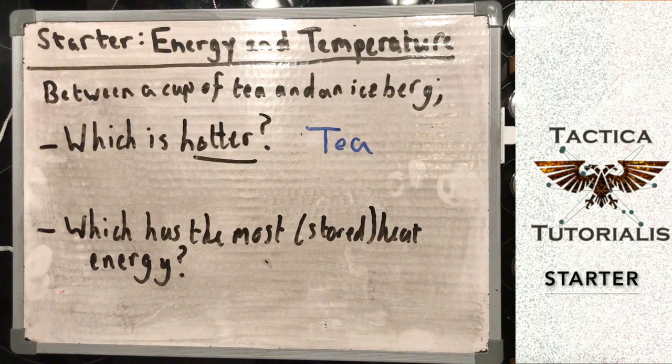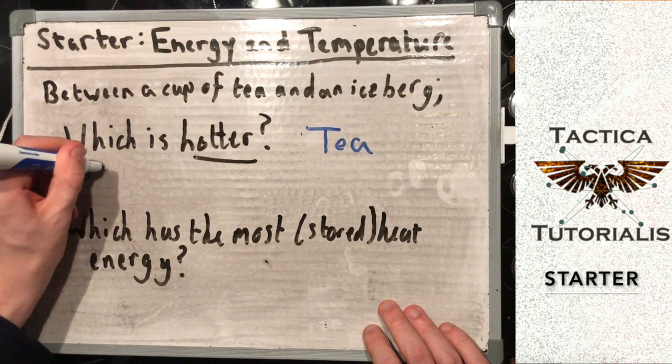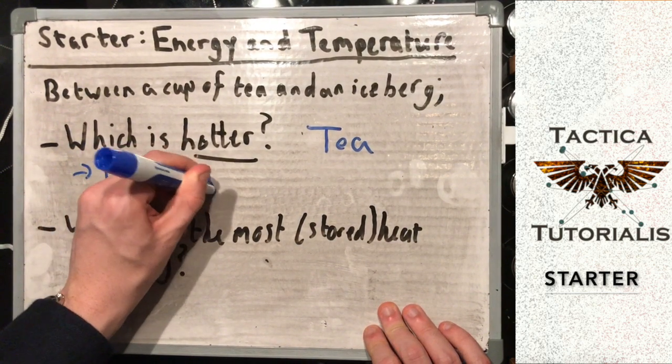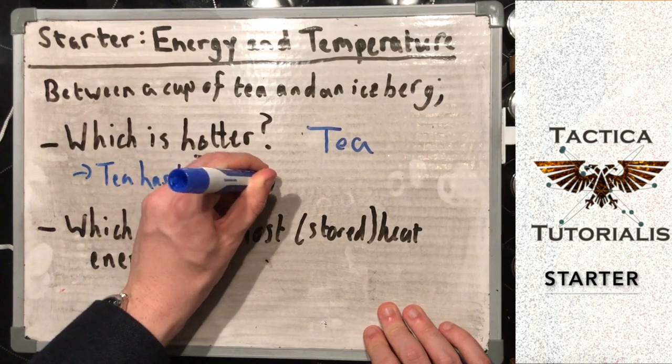Probably after you've added the milk, it's probably somewhere in the 90s, maybe in the 80s of degrees Celsius, whereas an iceberg is made of ice, and ice would melt above a temperature of 0 degrees C. So, in terms of temperature, the tea is much hotter. Therefore, tea has higher temperature.